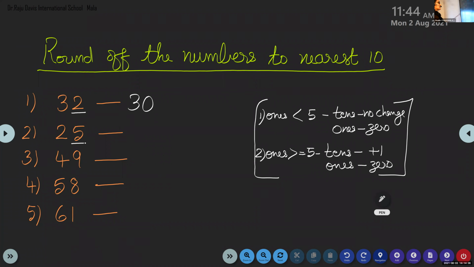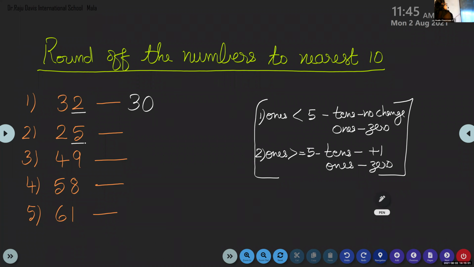Okay, just tell me the answer then. Which rule is to be followed, first rule or second rule? Ma'am, which question should I tell? Wait. Medha is answering now. You did not respond, so I asked Medha.